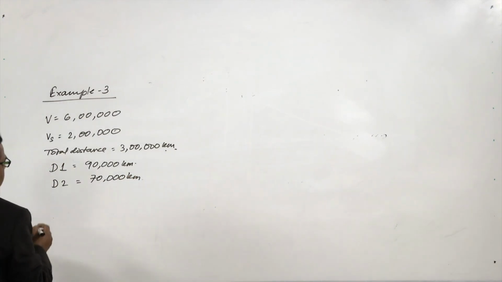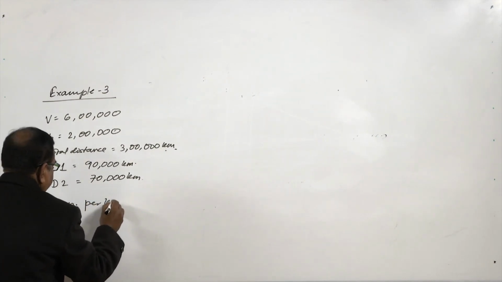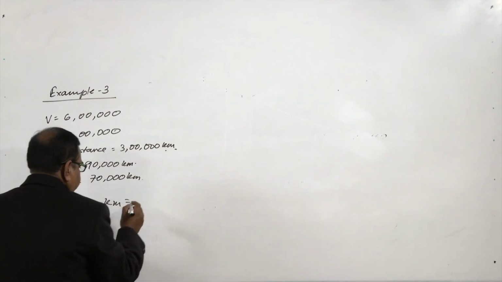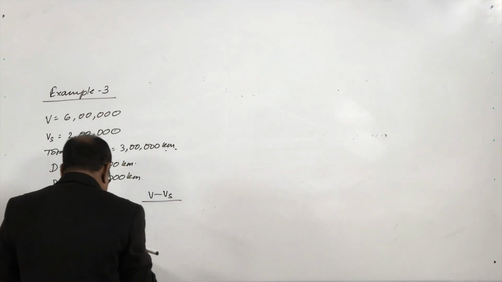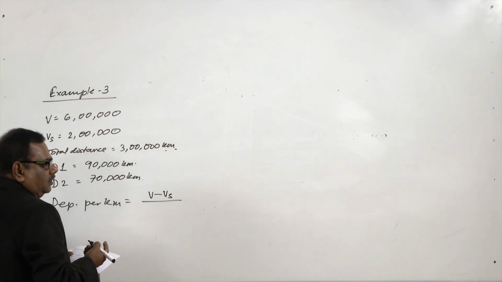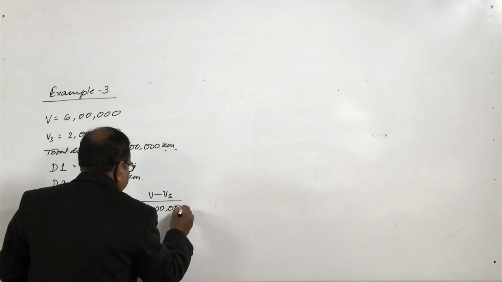So, depreciation per kilometer is equal to V minus Vs divided by the total distance the vehicle can travel, which is 3 lakh kilometers.